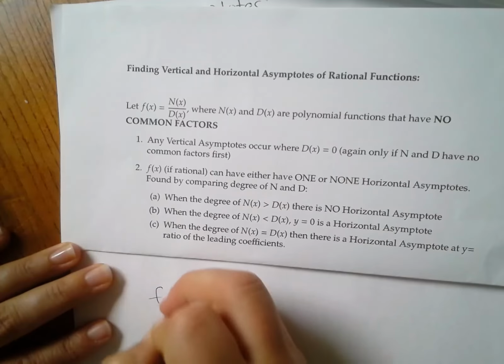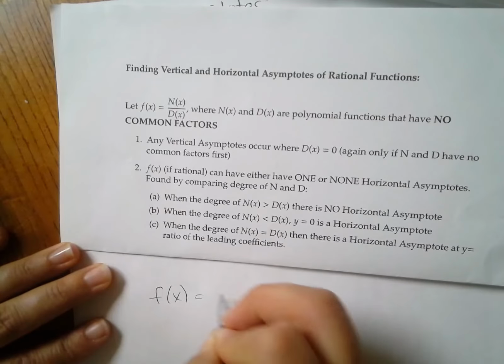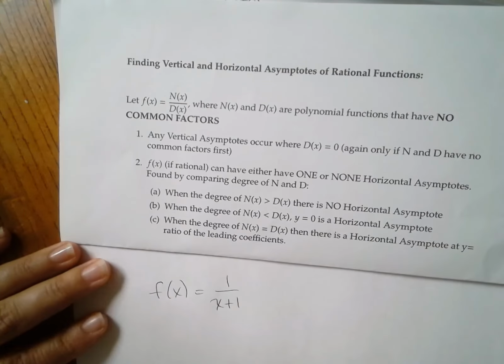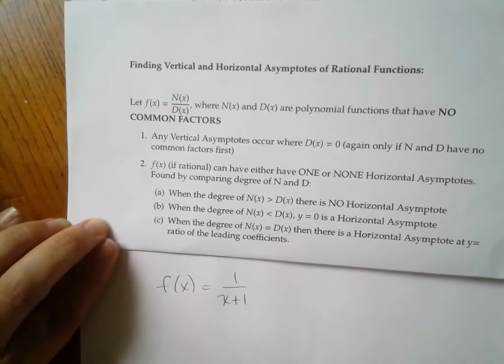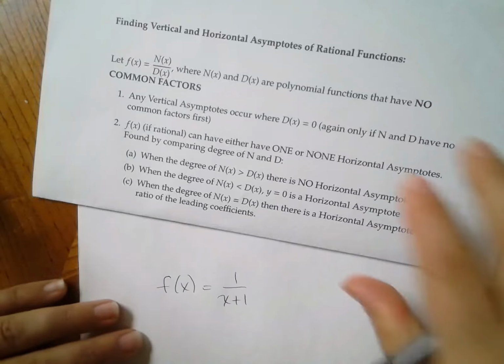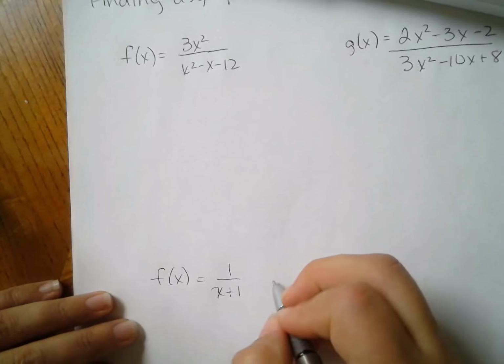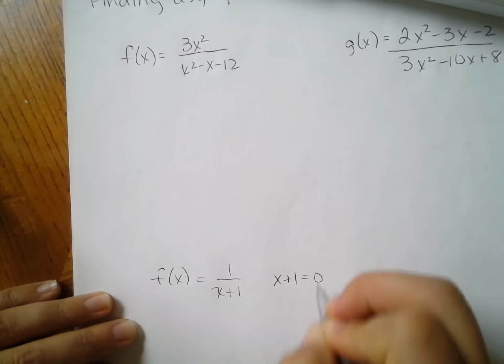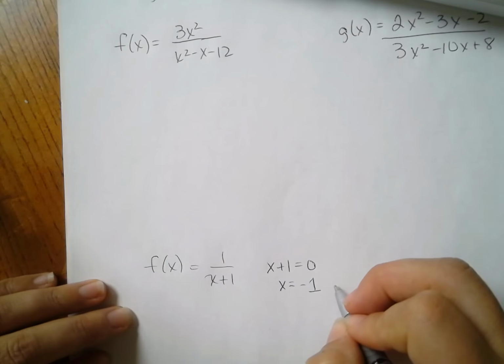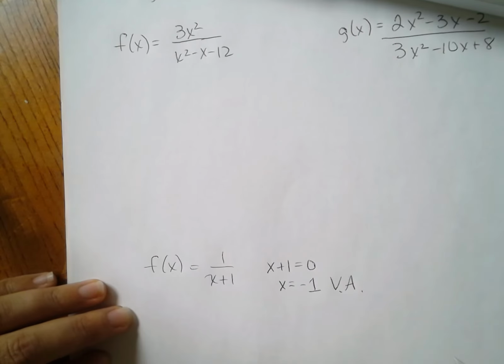Let's say I have f of x is equal to 1 over x plus 1. There's no factors in common right here. I'm going to have a vertical asymptote at x plus 1 equals 0. It's the same as the domain restriction. x equals negative 1 will be my vertical asymptote.